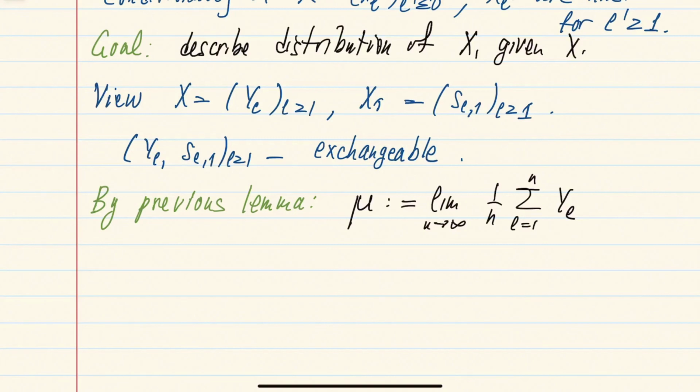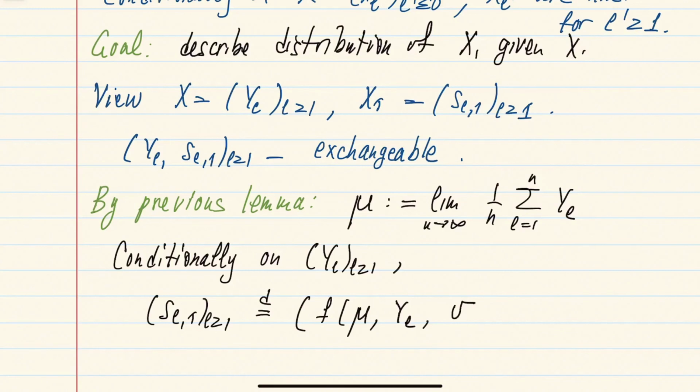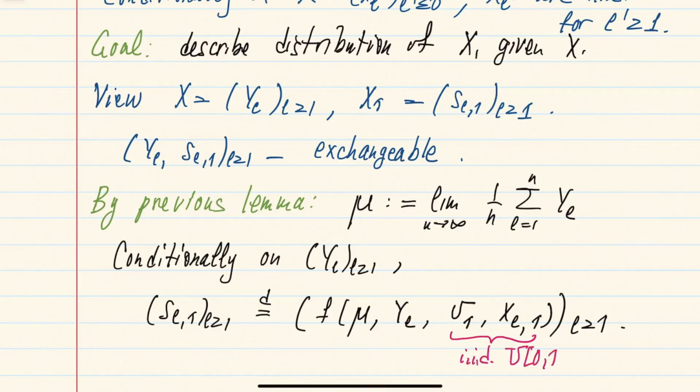Then the previous lemma states that conditionally on the sequence of the first coordinates, the sequence of the second coordinates S_{L1} can be generated by some function that depends on our sequence Y only through its empirical measure, and then each coordinate L depends on Y only through Y_L otherwise, and then we have some independent sources of randomness V, which I will denote V_1 here, and X_L, which I will also denote X_{L1}, for L greater or equal than 1, where, as usual, these two are IID uniform on [0,1].